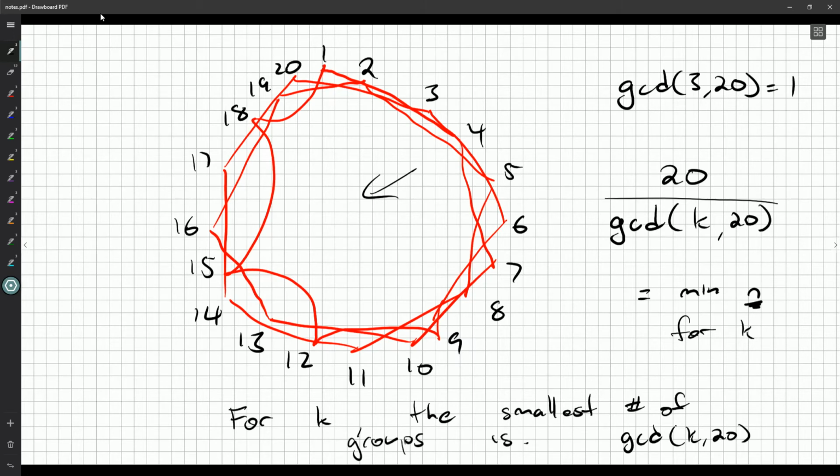Basically, the idea is, we go 1 to 4 to 7 and so on. But then when you get to 16 and then 19, we went to 22, but really that's 2. And so we're asking, what's the smallest, if we start with, say, 1, then we keep adding on k and k and k so many times.